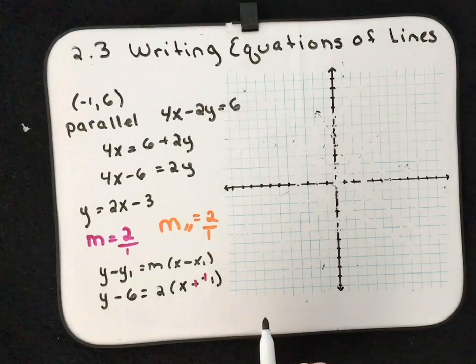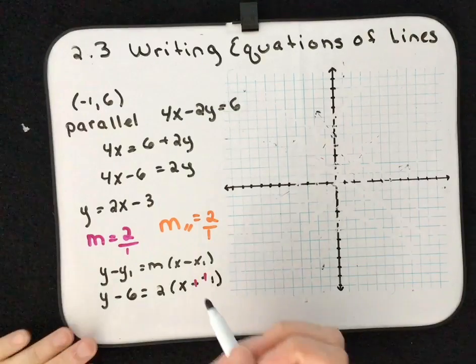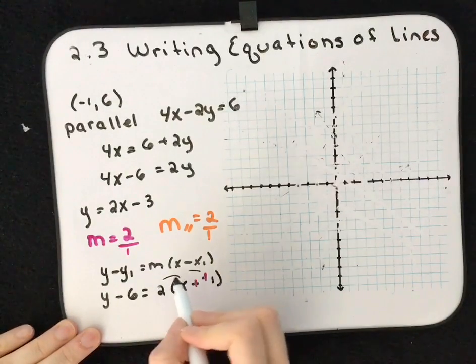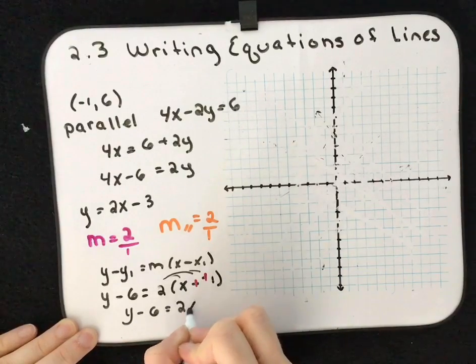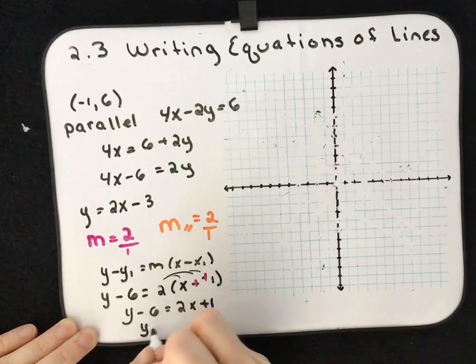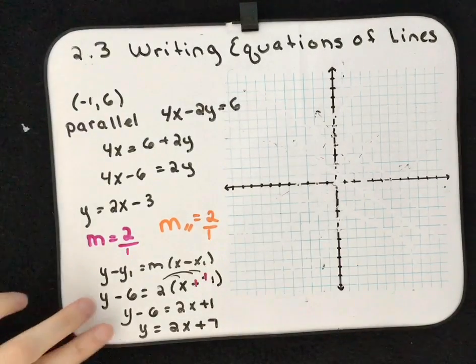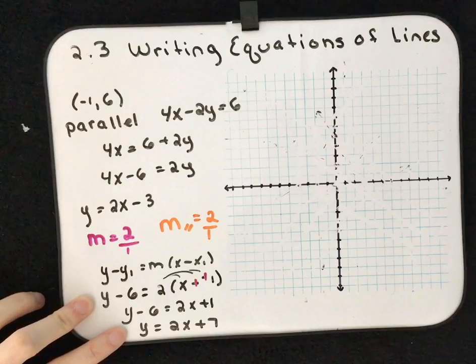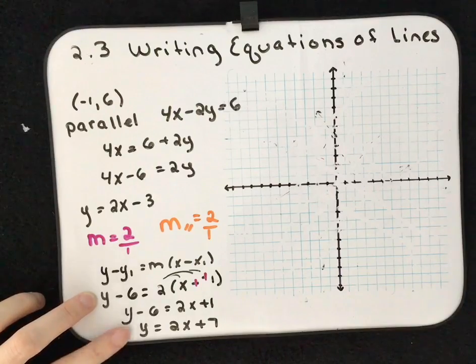If you wanted to leave it in point slope form, this would be finished. If you need to move it to slope intercept form, we would distribute our 2. And then add 6 to both sides. So again, these are the same line, and either of these is accurate depending on what you're asked. If you're asked to leave in point slope form, you would leave it like this. If you're asked for slope intercept form, you would leave it like this.